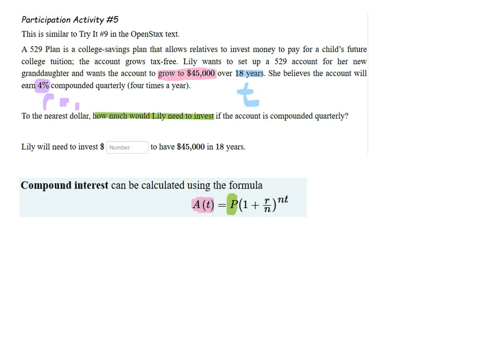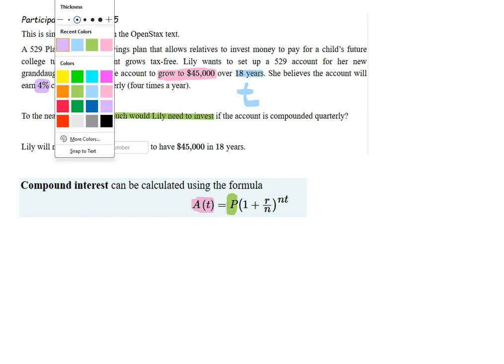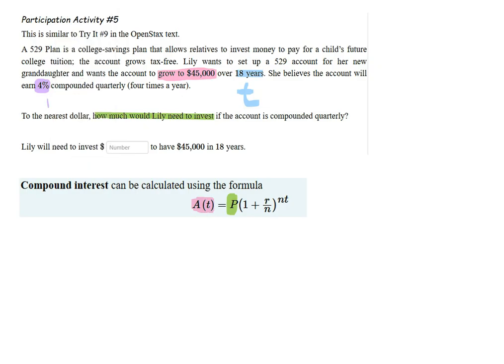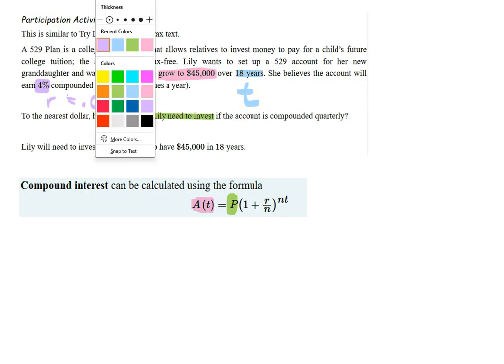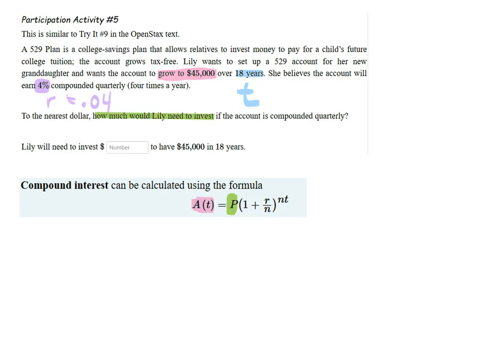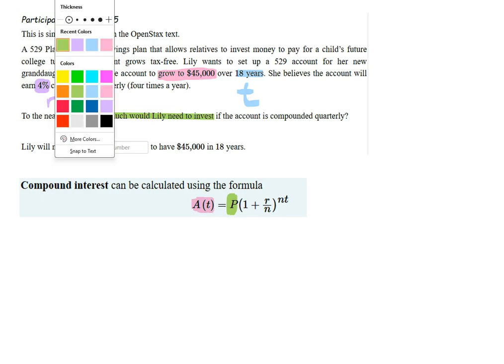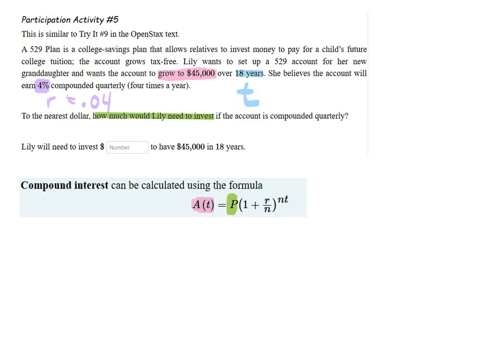You have to use R equal to 0.04. And then it tells me that they compound it quarterly, which is 4 times a year.